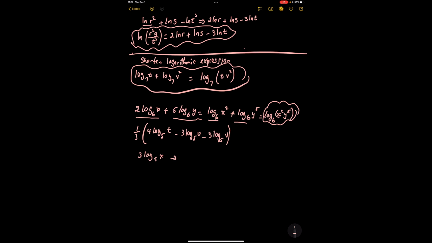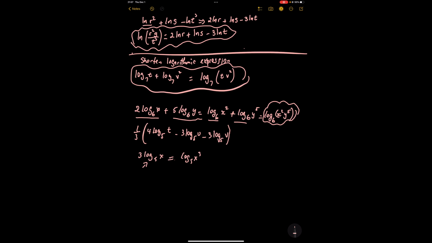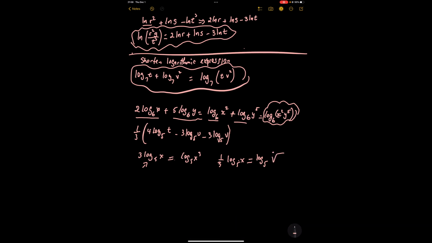So that would be log 5 x cubed, right? That's what it would be equal to. Well then, if you have a third log 5 x, this would be equal to log 5 of the cube root of x, because it's a third.